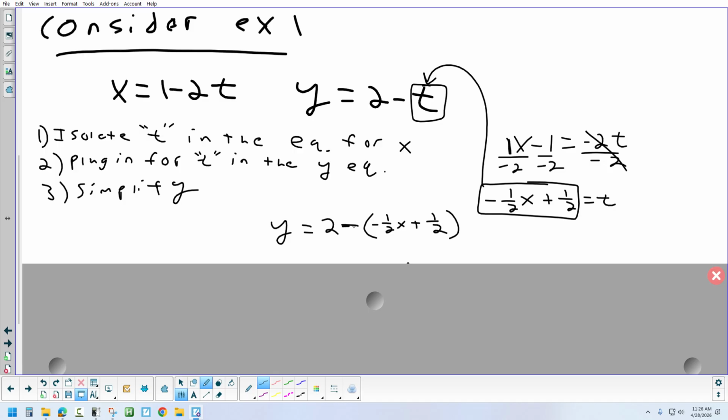Okay, what are we going to have to do with that negative that's in front? We're going to have to distribute it. And we're going to end up with y equals -1/2, so that's 1/2 x. That's our slope. And what's 2 minus 1/2? 1.5.